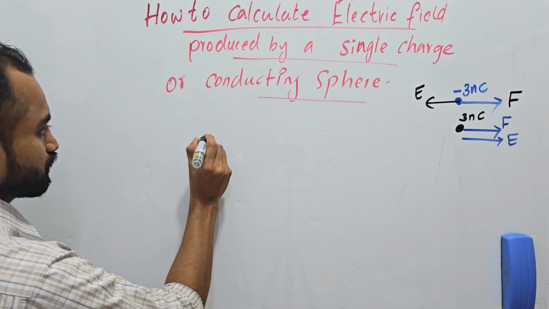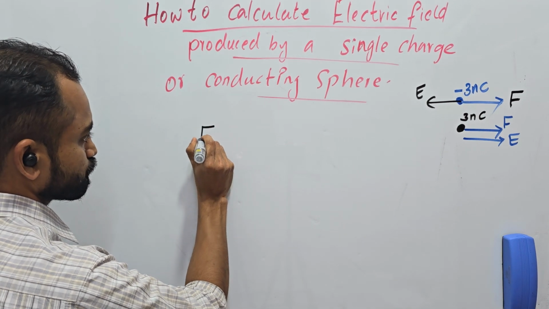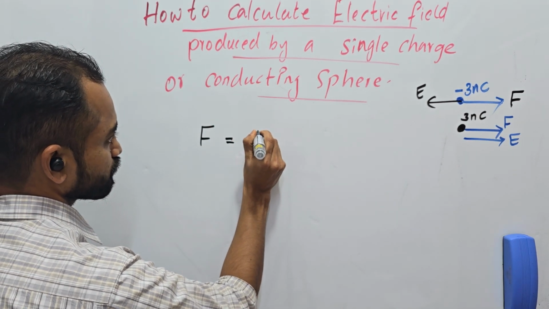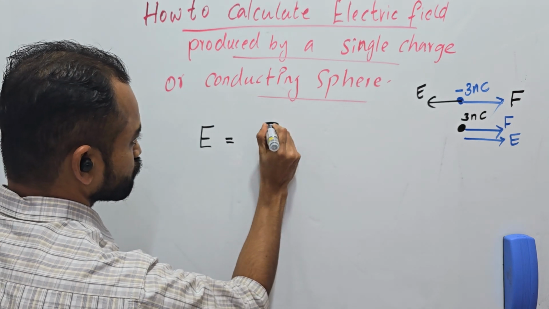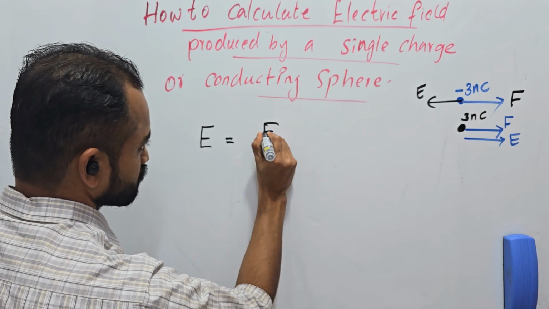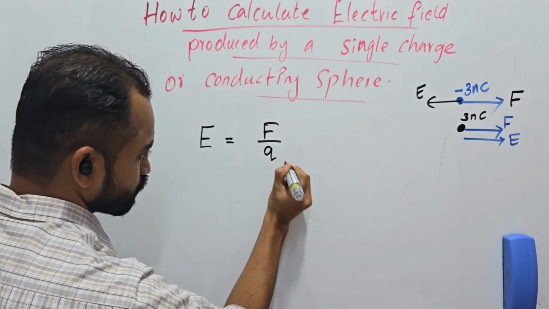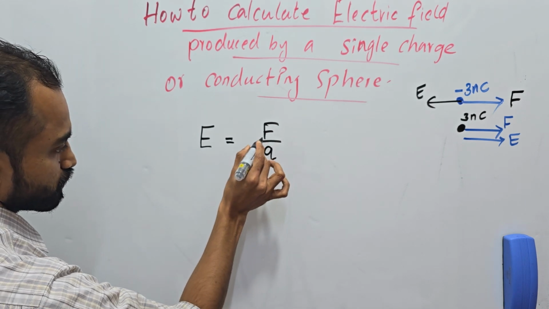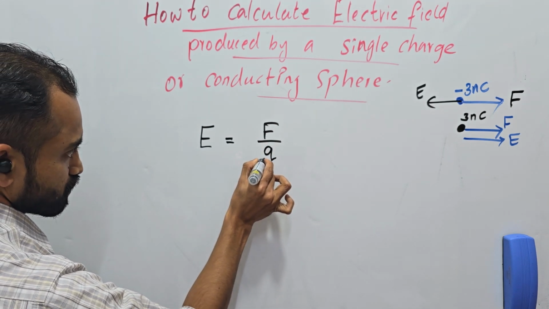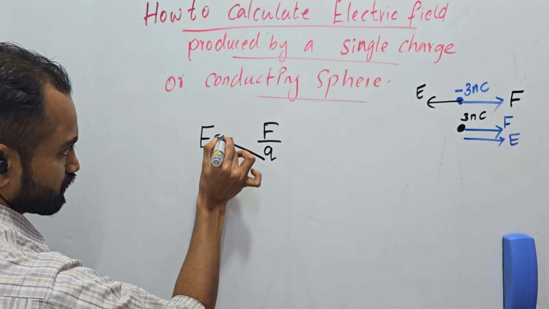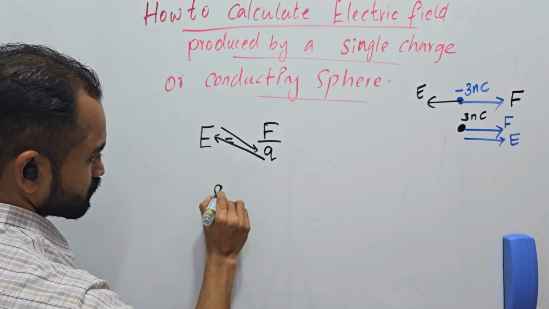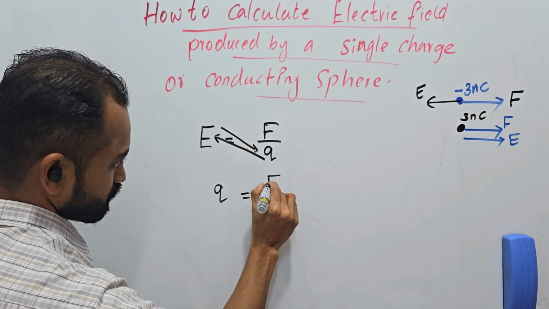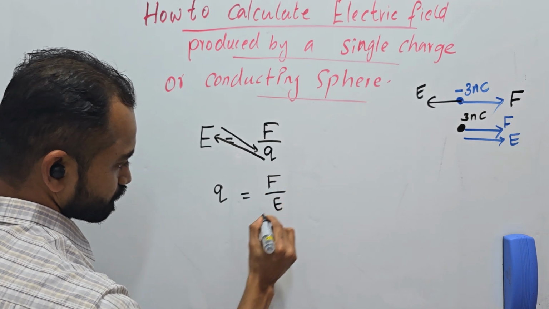The equation we have is electric field is equal to force divided by charge. If you want to calculate the charge, the charge will go to this side and the electric field will go to this side. So charge is equal to force divided by electric field.